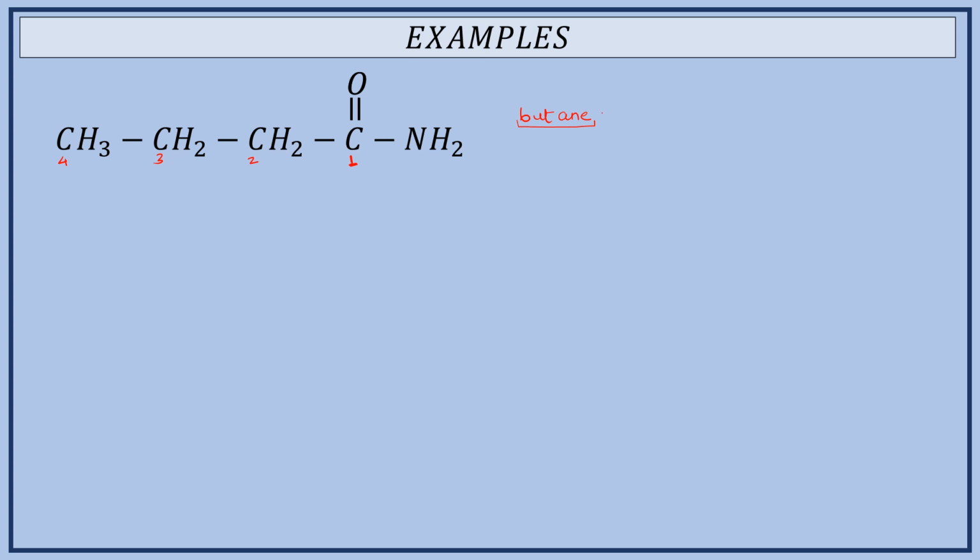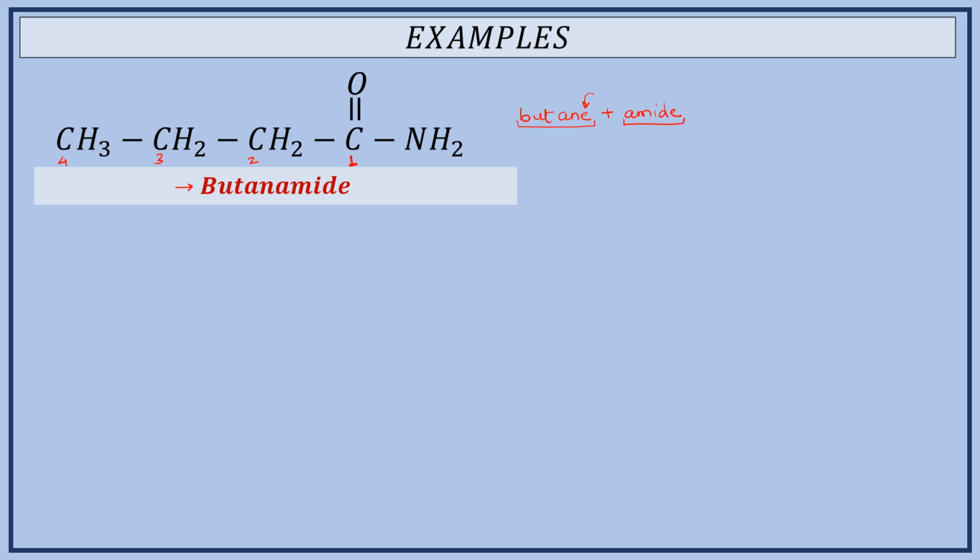Now we will add the suffix amide along with it to indicate the functional group amide is present in this molecule. While adding both these two parts of the naming, we will omit this E right here, and hence the complete name of this molecule will become butanamide.